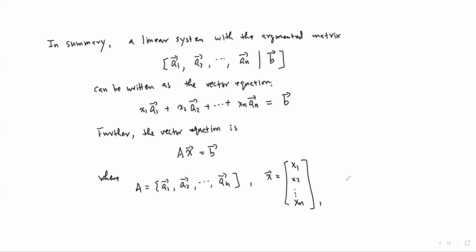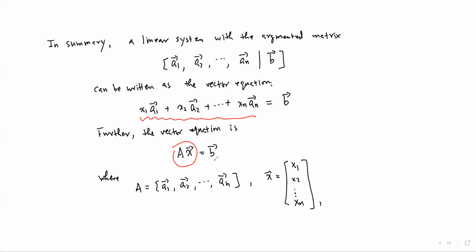How about B? B is the right-hand side vector. So A times X, by definition, is a linear combination. So in this vector equation, the left side is actually this matrix times this vector. Therefore, a linear system can be written as a vector equation, and as a matrix equation.